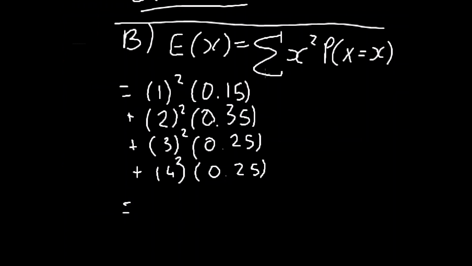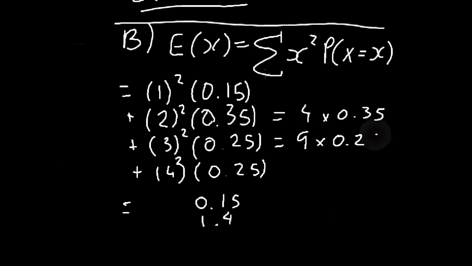This is all equal to, so 1 squared, that's the easiest. 2 squared is 4 times 0.35. So this portion here is just that 4 times by 0.35. And when we multiply that out, so again, you might need to do your long multiplication, but in this case, it's going to be equal to 1.4. So it's pretty mental math heavy. The next one is going to be 9 times by 0.25, and that's almost like 10.